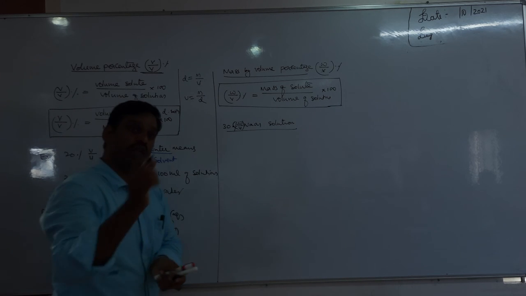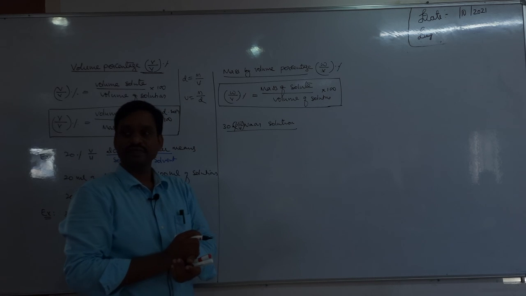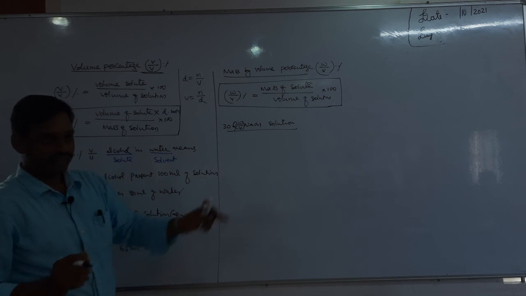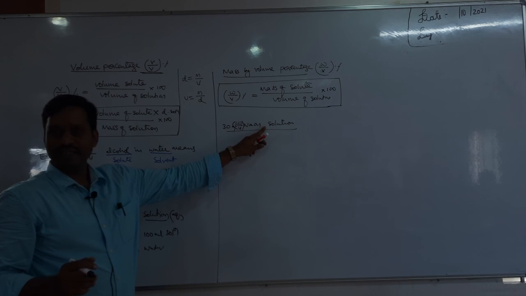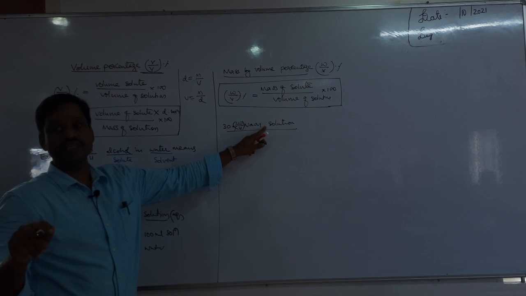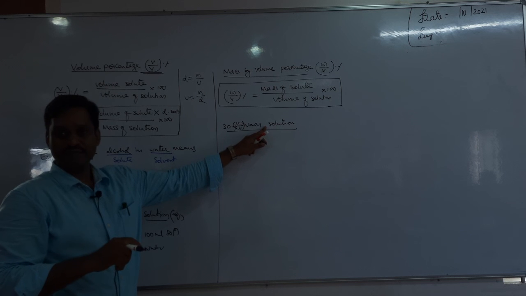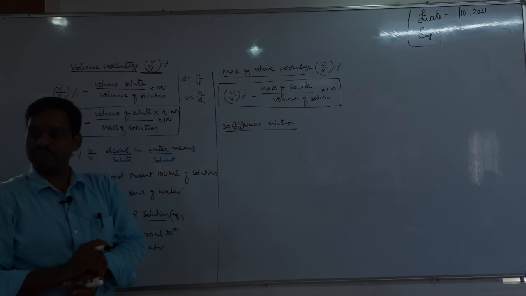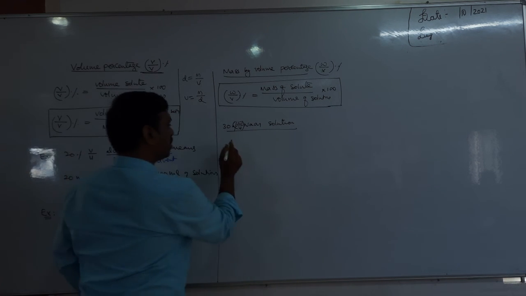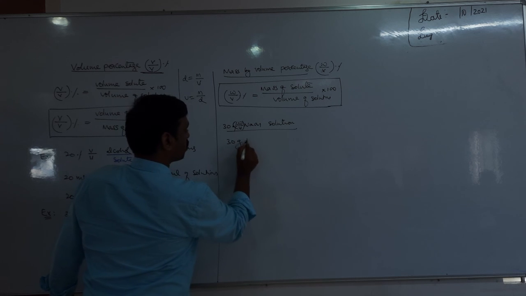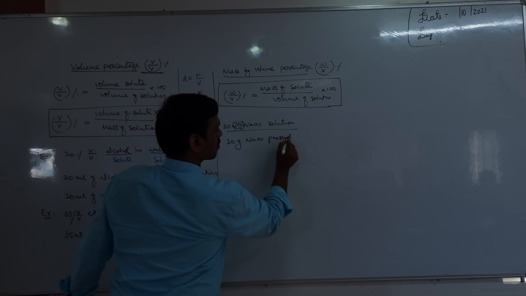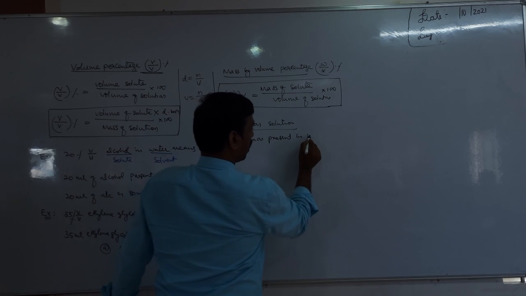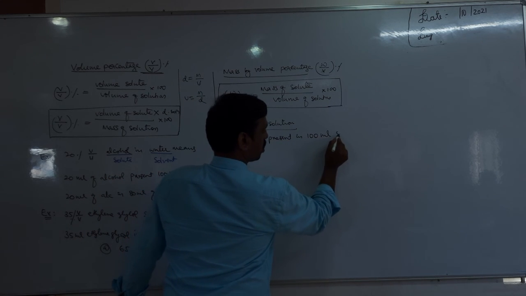And how many ml of solvent? This is a gram, that is a ml. Unless you know density, you cannot do that. That conversion is not possible. So we can say that 30 grams of sodium hydroxide present in 100 ml of solution.